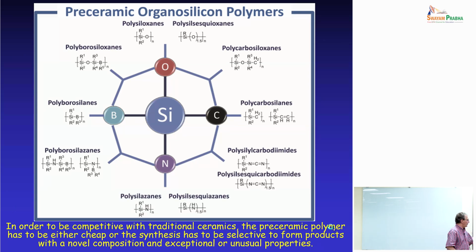And in order to compete with traditional ceramics, you need to be cheaper, or you need to afford better properties or unusual properties. And it is this latter possibility that is mostly exploited with preceramic polymers.